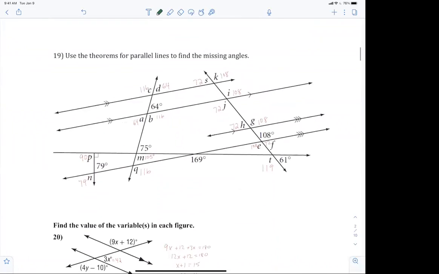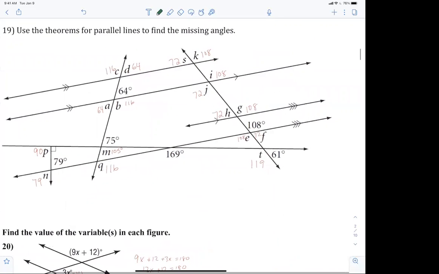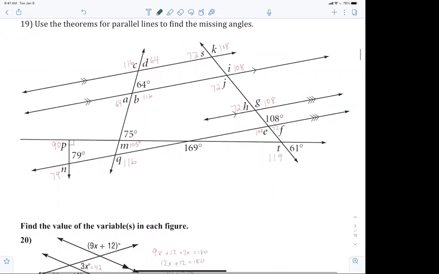Okay, flipping the page. 19 I thought was kind of fun. You just have to mess around. What you have to understand also is to highlight the ones that are parallel.